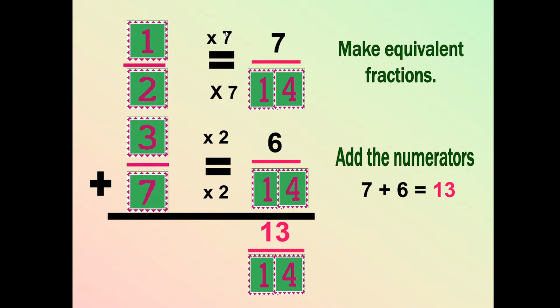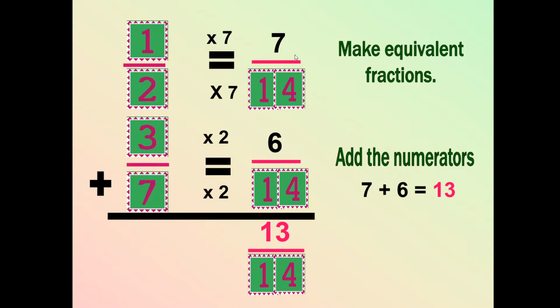So 1 times 7 is 7, correct? And similarly, you have to do it to the other fraction as well. How do you get 14 if you have 7? You just multiply 7 by 2. And similarly, you have to multiply 3 by 2 as well. That's how you get 6 over 14.